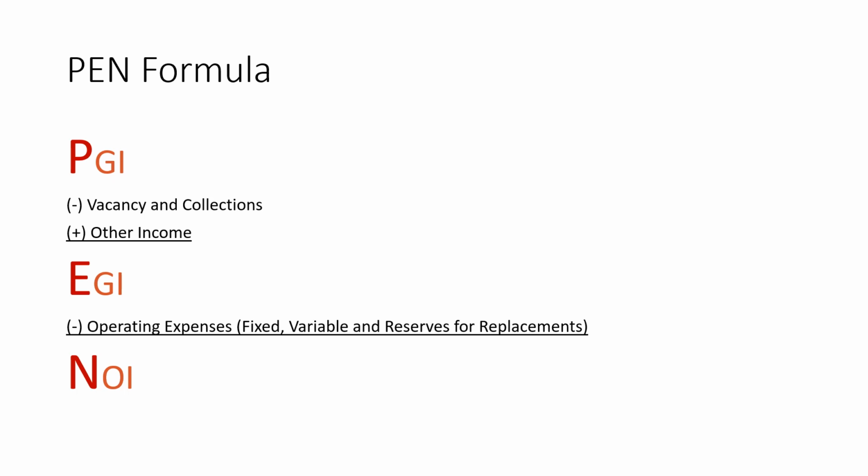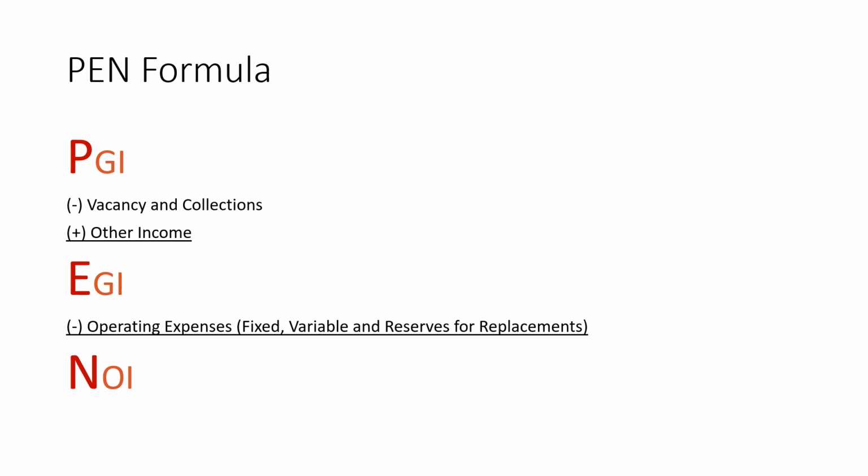Now, the other income is not always there. It just depends on if that particular investment property has, and we're talking about like an apartment, other things that make income for them other than the rent. So the PGI is only based on rent.